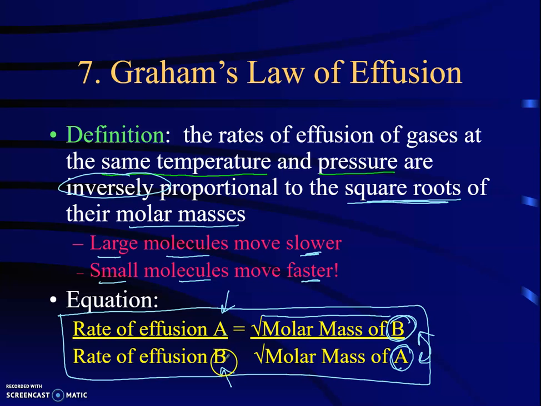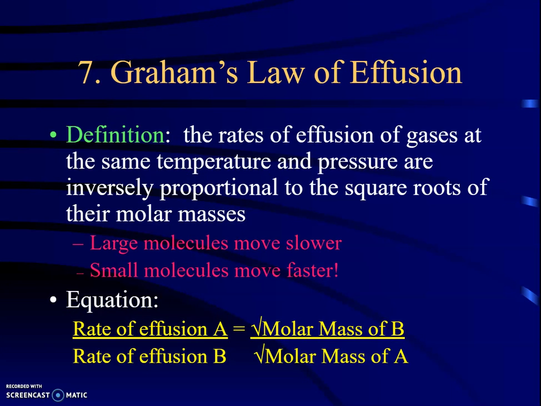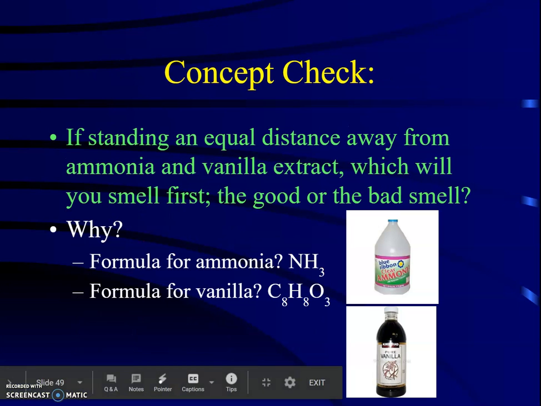So if this is A and this is B and this is A. If you want to do a little ABBA to remember it, you can be a dancing queen and move right along. So concept check.